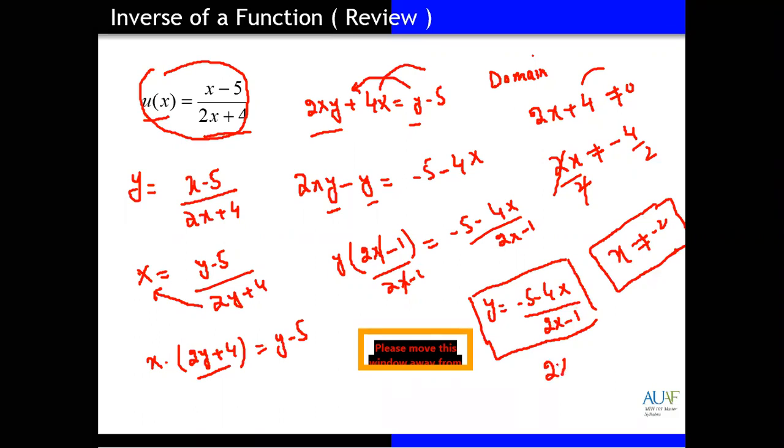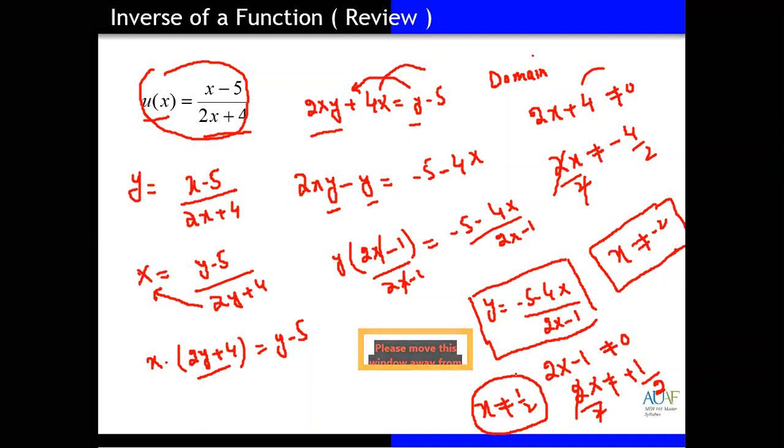So 2x minus 1 must not equal 0, or 2x is not equal to 1, and dividing both sides by 2, 2 cancels with 2, so x is not equal to 1 over 2. It means that the range of the function is all real values except one value, that is 1 over 2 or 0.5.